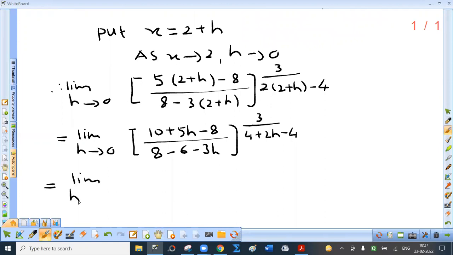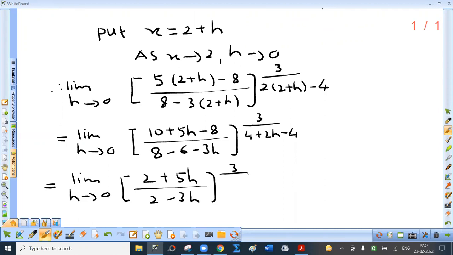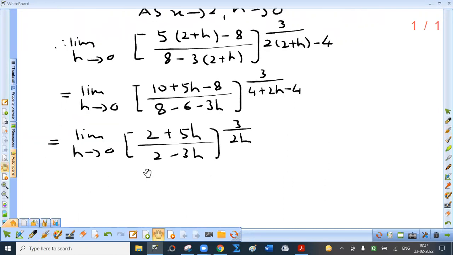Now, this gives limit h tends to 0, (2 plus 5h upon 2 minus 3h) raised to 3 upon 2h. Okay. So this is limit h tends to 0.